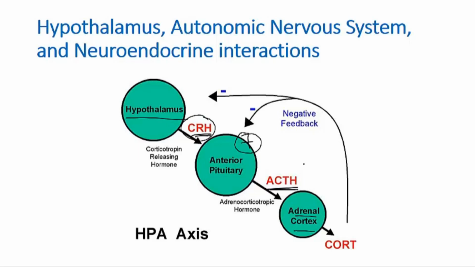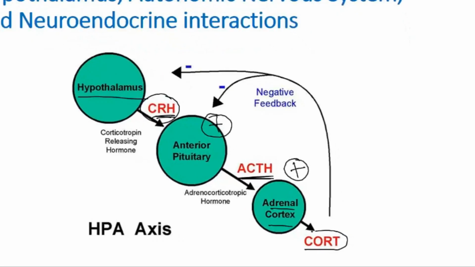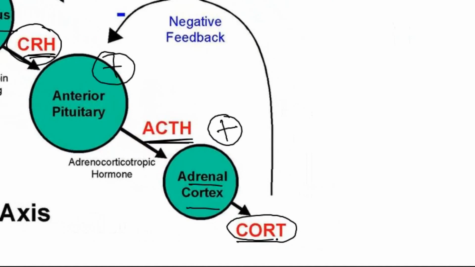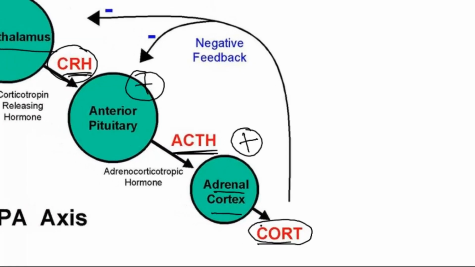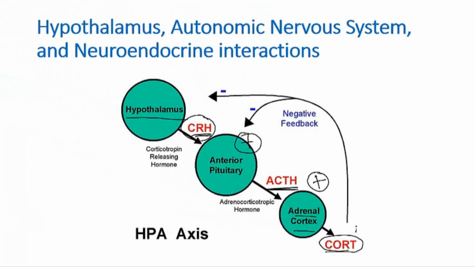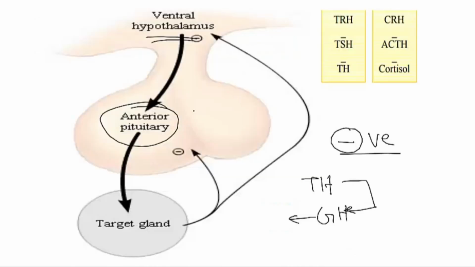Now once the adrenal gland receives adrenocorticotropic hormone, it gets another positive signal and it starts releasing a hormone known as cortisol, or CORT. Okay, now once this cortisol is released from the adrenal cortex, this cortisol will provide a negative effect on both the anterior pituitary as well as the hypothalamus. That's what we saw in this particular picture.